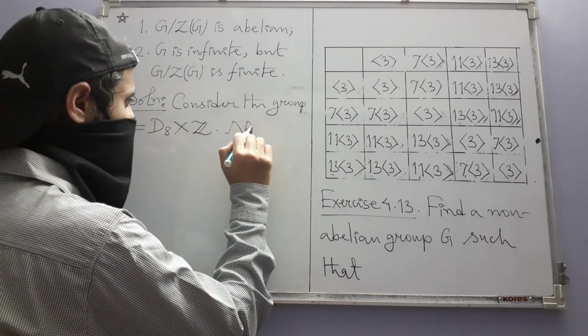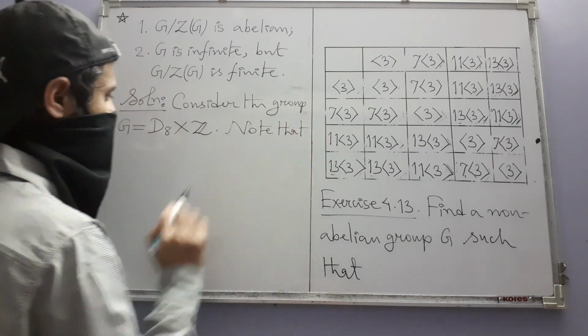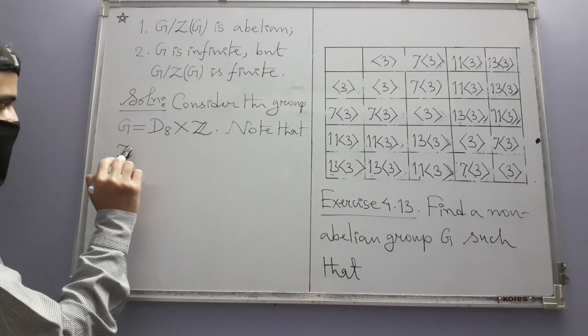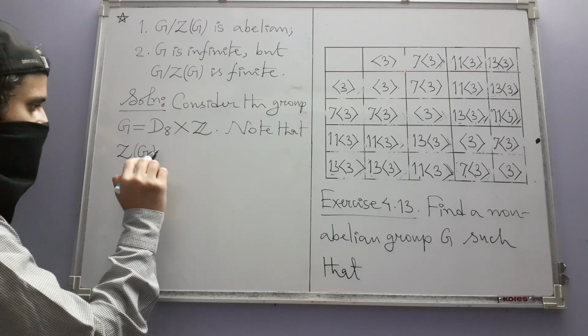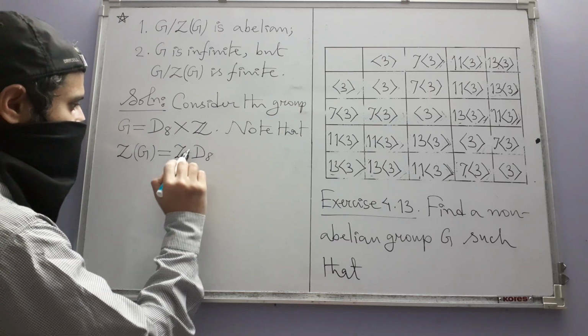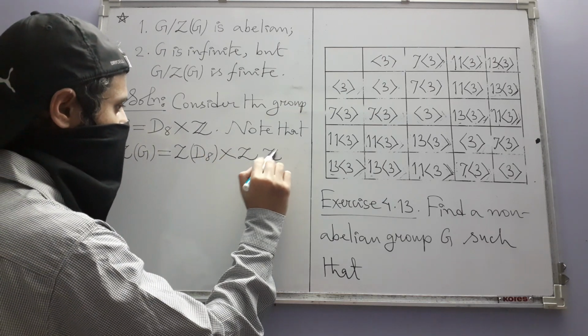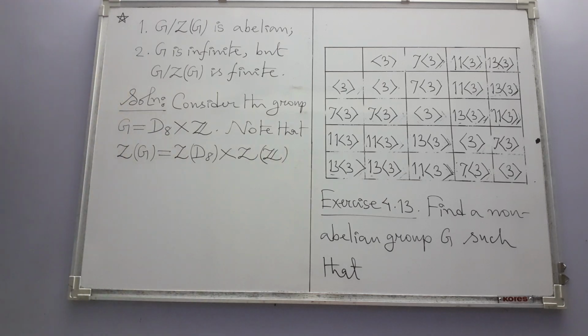Note that the center of G is equal to the center of the dihedral group times the center of the additive group of integers.